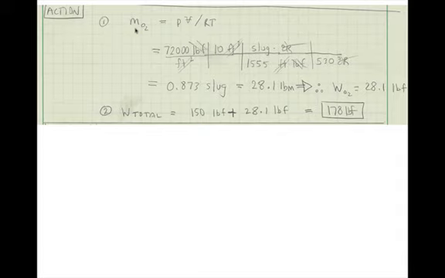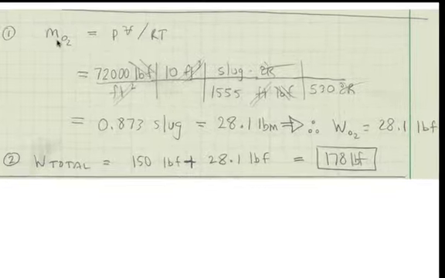As shown, execution of the plan has two steps. Step one is calculate the mass of the oxygen using the ideal gas law. Notice two things. First, I use the mass form of the ideal gas law because that's the easiest thing. And number two, the unit calculations are straightforward because I used consistent units.